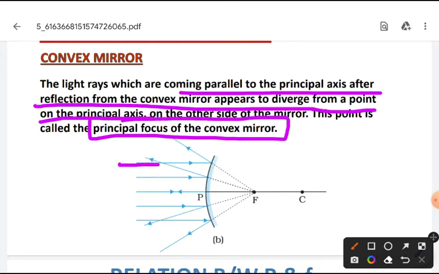A ray parallel to the principal axis, after reflection from a convex mirror, diverges. Okay, this is the principal focus.